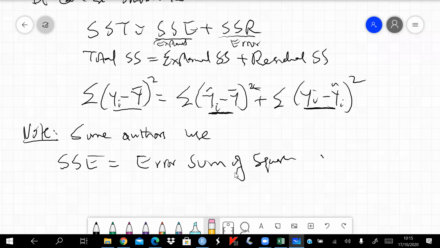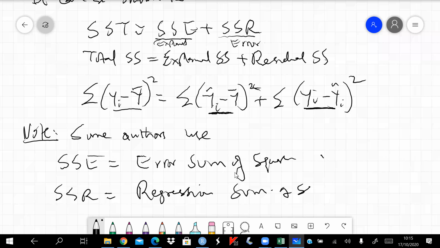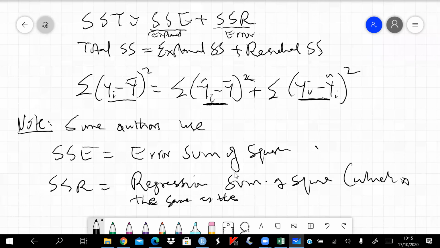And then they also use SSR to mean the regression sum of squares, which is the same as the explained sum of squares.